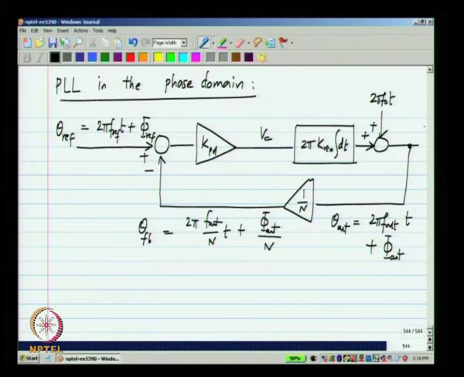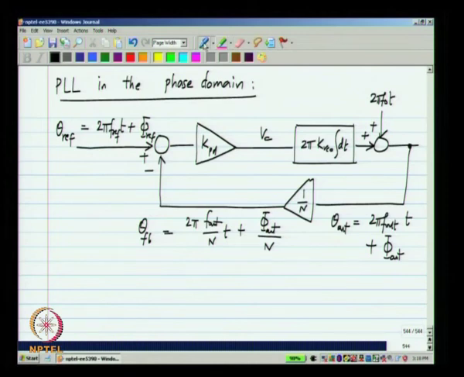So, this is the phase model of the phase lock loop. In this model we only considered the phase of the input, feedback and the output signals. Now, we have not yet looked at how to realize the phase detector, and VCO design will come to later. We will now take for granted that it can be realized.